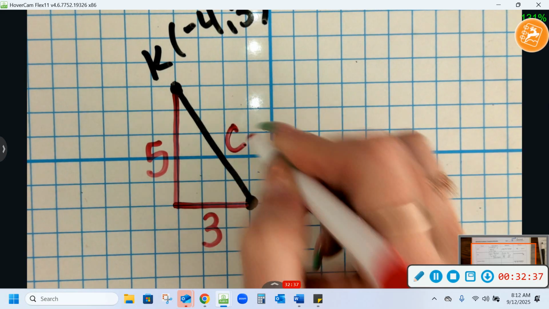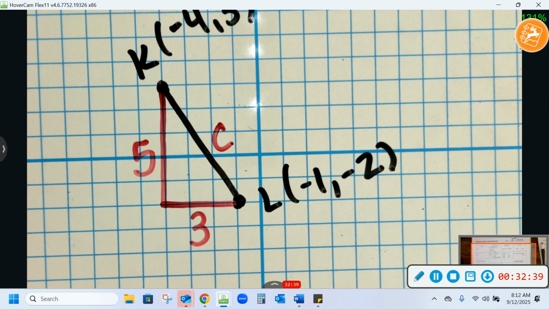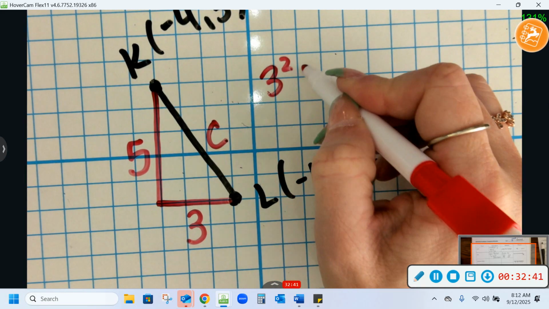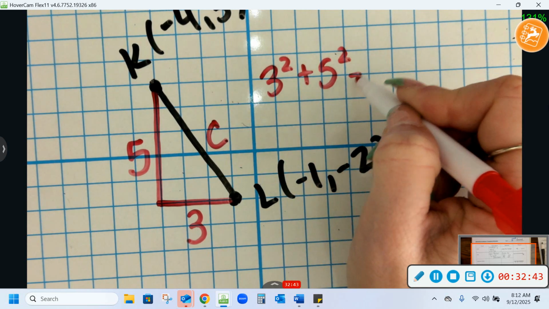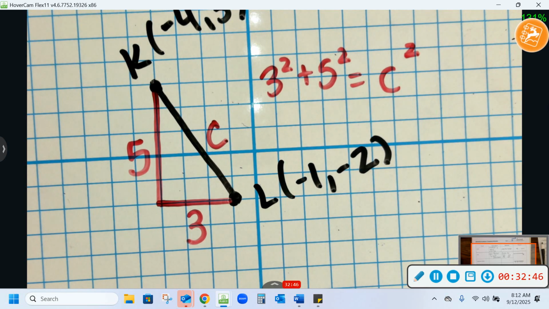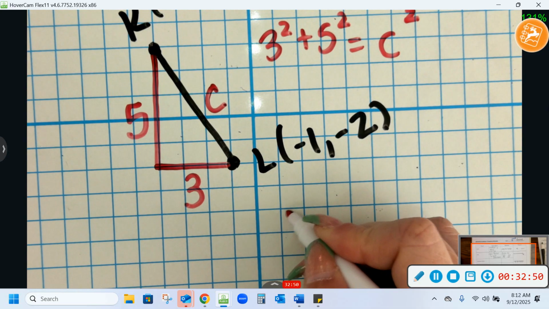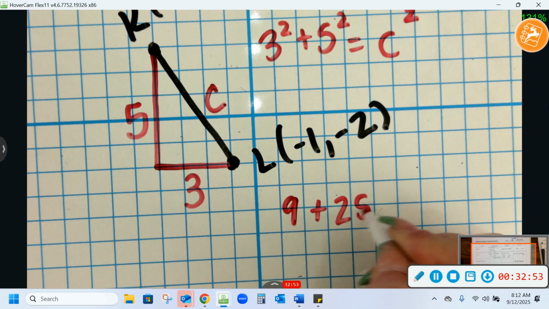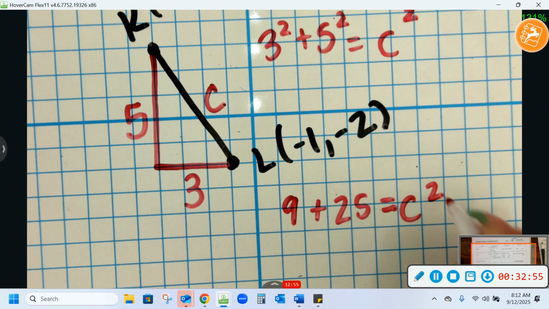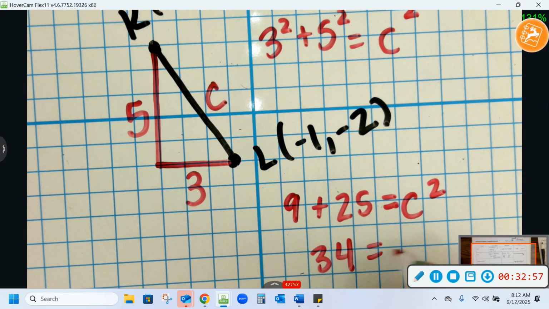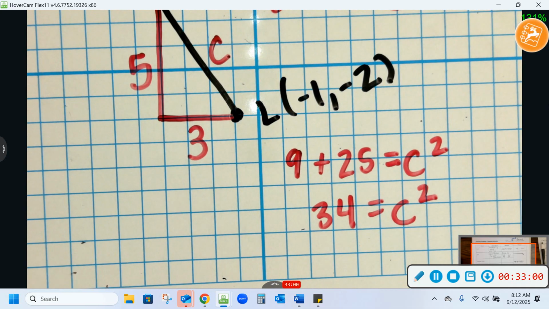Can I find it? 3 squared plus 5 squared equals C squared. 9 plus 25 equals C squared. 34 equals C squared. What is the inverse of squaring a number? Square rooting a number. Square root of 34, about 5.83.